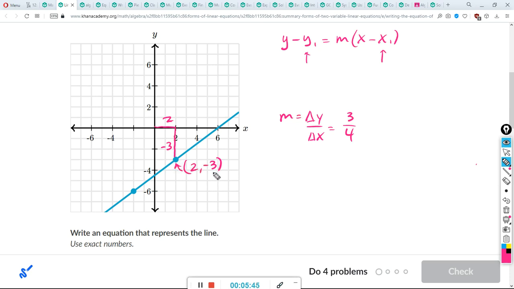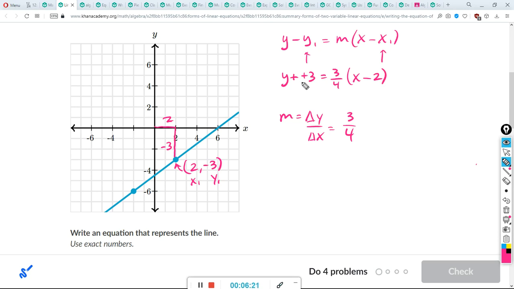In place of y1, I'm going to write -3. In place of m, I'm going to write 3/4. And in place of x1, I'm going to write 2, so it's going to be a -2. Now the only thing you have to fix is the 2 negatives in a row. That's a positive.